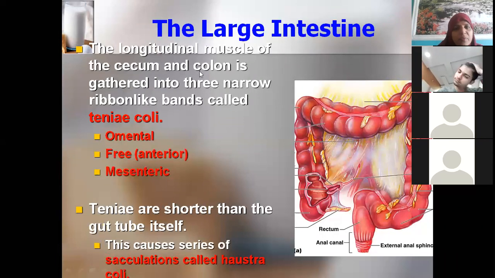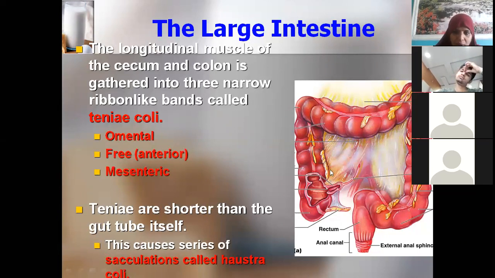Okay, then this is the large intestine again. See the longitudinal muscle of the cecum and colon is gathered in these three narrow bands. I told you based on the position. If it is placed superiorly, what is the word we have used? Omental. Okay, and if it is present in front, this is the anterior aspect. What is the word I have used? Anterior.